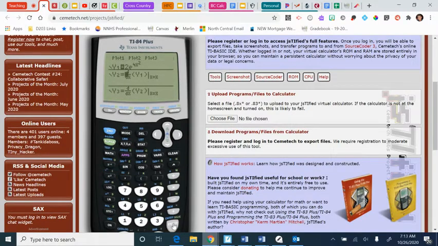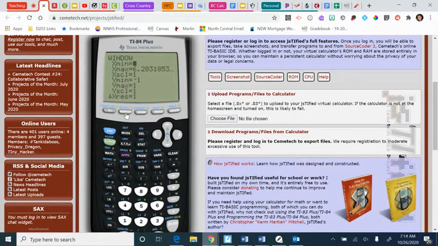Okay, and we're interested in where its derivative is equal to 3. So I'm going to turn the derivative on, turn the function off, and then I also want to know when its derivative is 3. So I inputted 3 into y4, and I just want to see when those intersect.